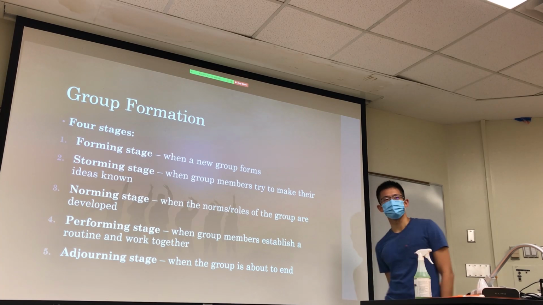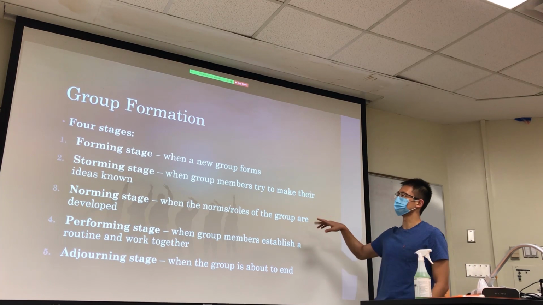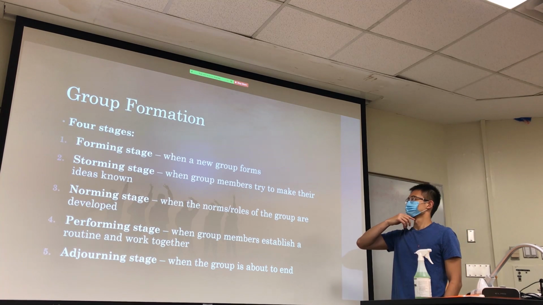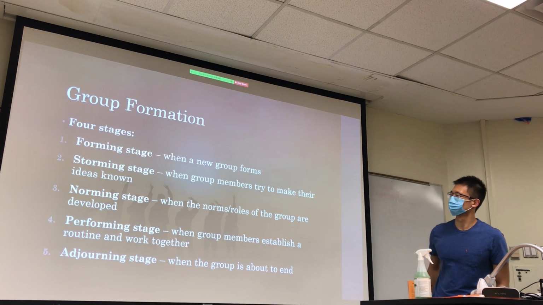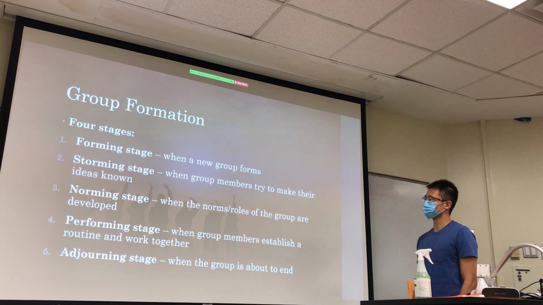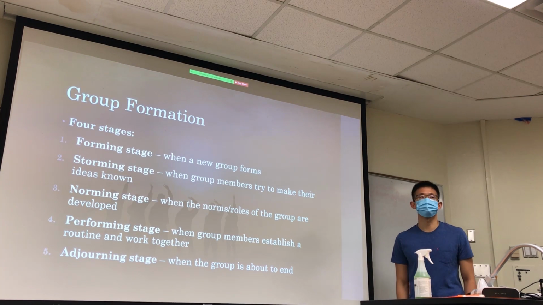Like when you're deciding what positions people are going to be. Okay. So which one would that be? Norming? Storming would be different people wanting to be certain positions, but then norming would be deciding who's going to live where. Very good. And then performing is kind of like when they practice or play the game.